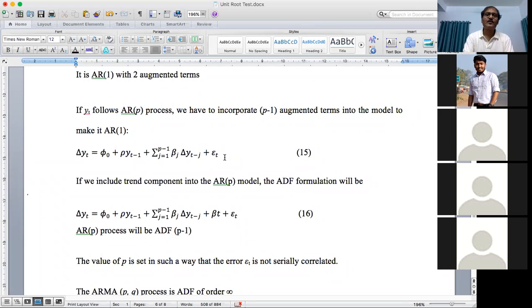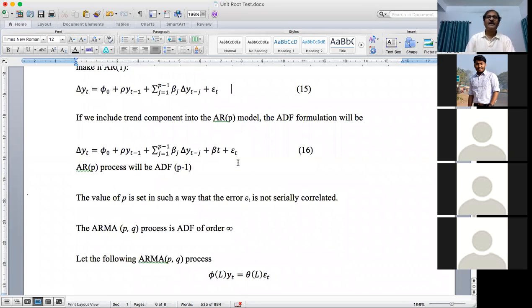Those components are called the augmented terms. And the model we have is the augmented Dickey-Fuller test. And the testing procedure is similar, as we have shown, with the null hypothesis and alternative hypothesis, because now we concentrate on rho. So our null hypothesis becomes H naught, rho equal to 0, and alternative rho less than 0.